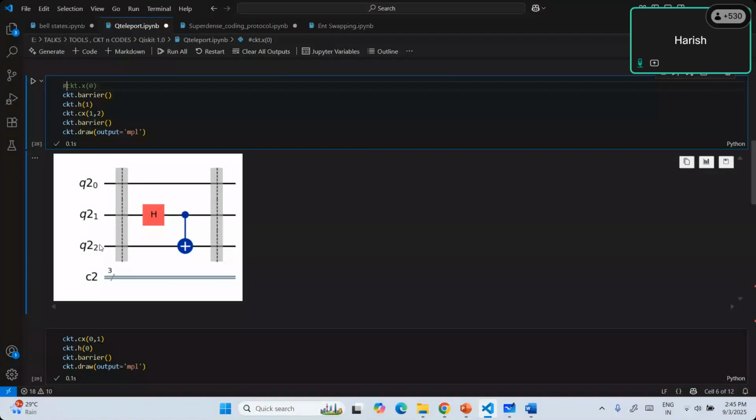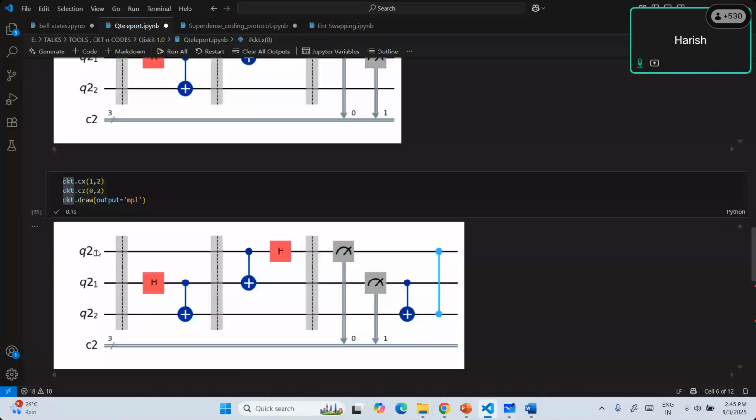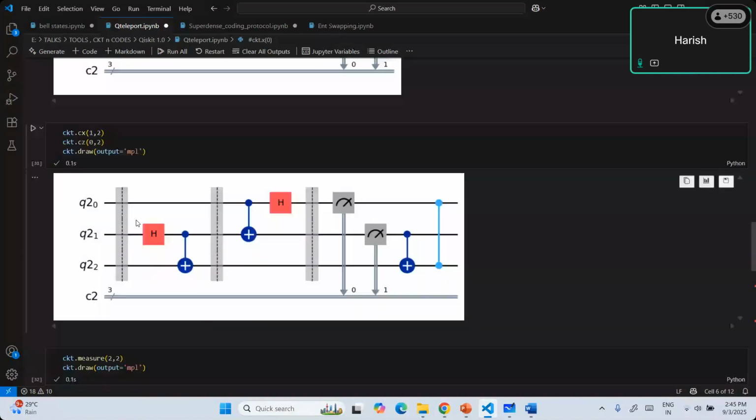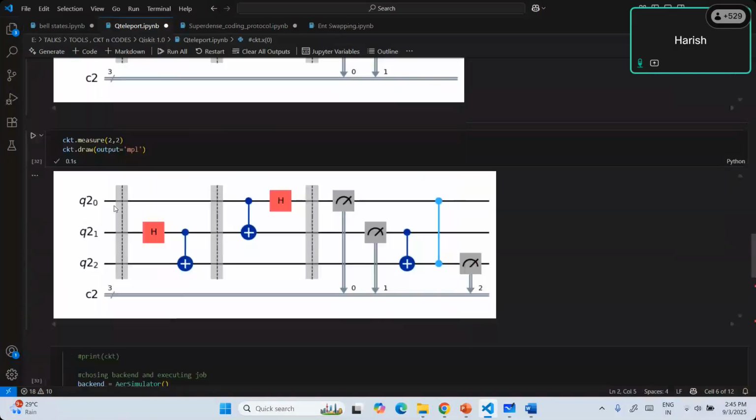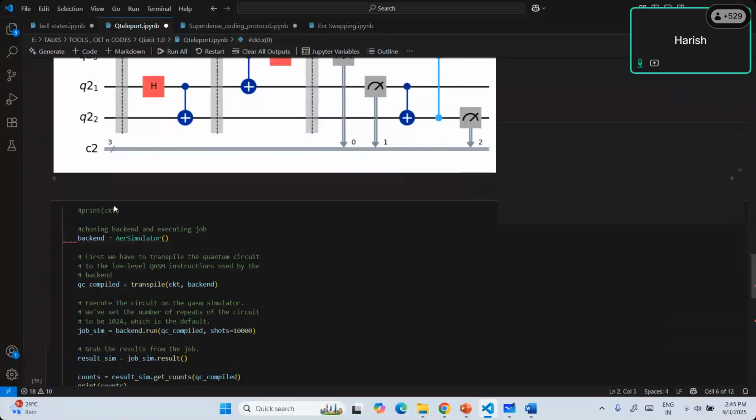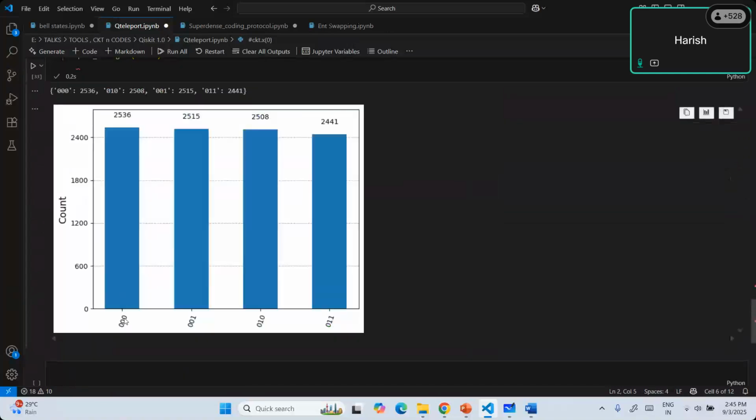The circuit will look similar, just the information we wanted to send here is 0. At the end, if you measure the results, see here, 0 0 0 means first qubit 0, second qubit 0, third qubit 0. Here also 1 0 0: first qubit 1, second qubit 0, third qubit 0. So in all the places, the third qubit is 0, which we wanted to send.